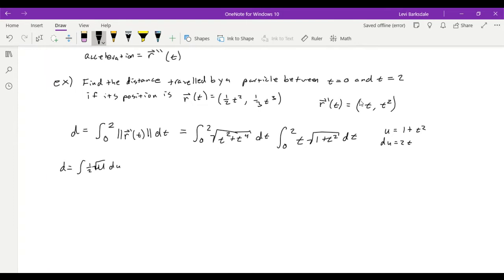And that gets us to 1/3 times (1 plus t squared) to the 3/2 from 0 to 2. I just substituted my u back out and integrated all in one step. And when we plug in our limits of 0 and 2, we get 1/3 times 5 to the 3/2 minus 1 as our final answer.